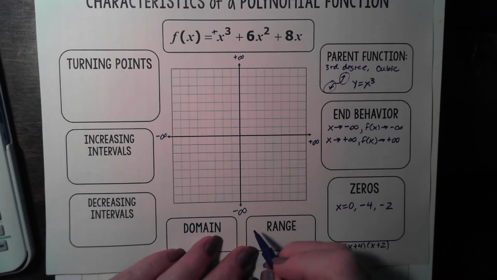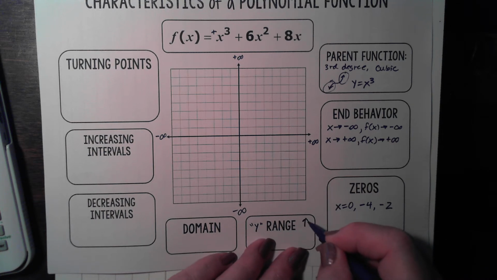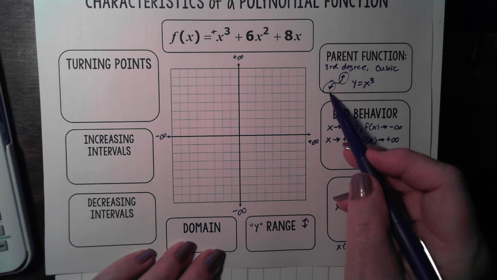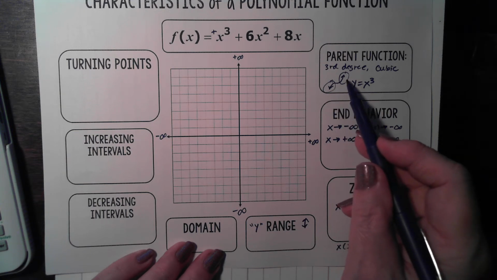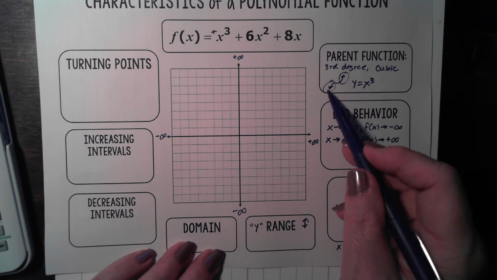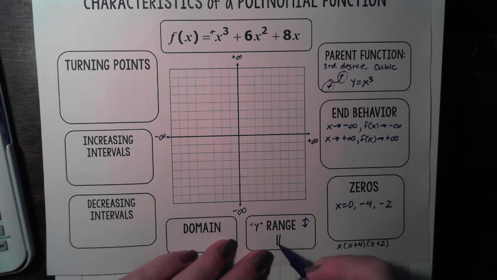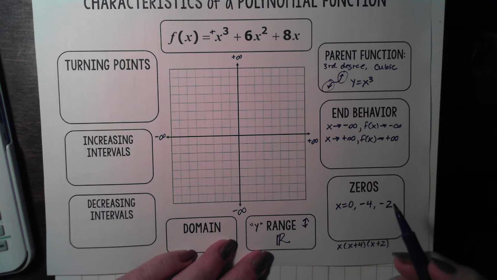The range are what we think of as the y values, or how high and how low does this go. And again, if we look at our parent function, there's no jumps or holes or gaps or anything, and it goes down, down, down forever and up, up, up forever. So therefore, the range is all real numbers.